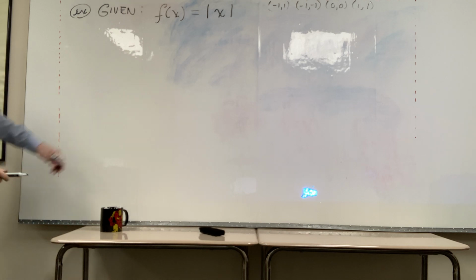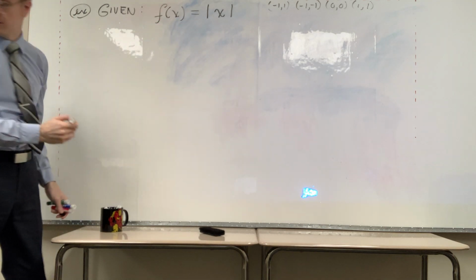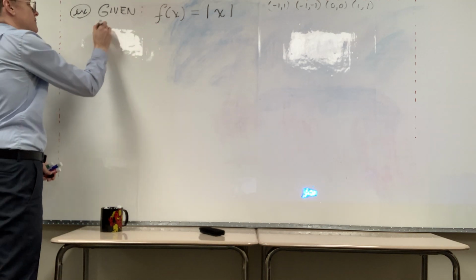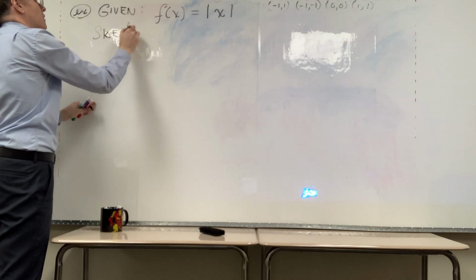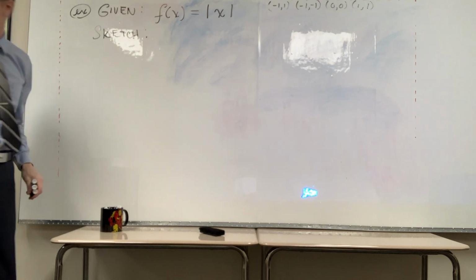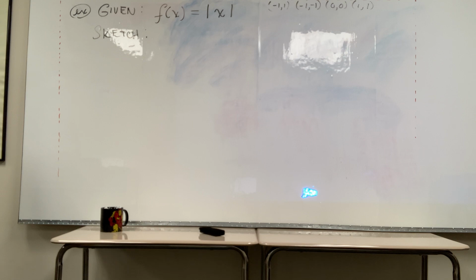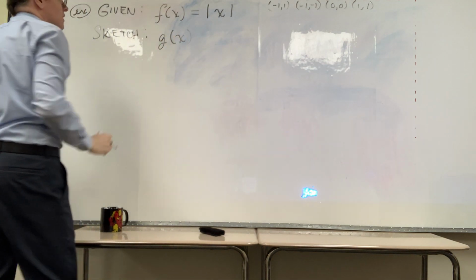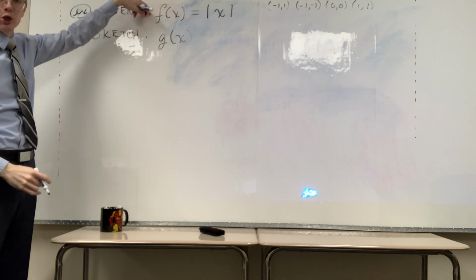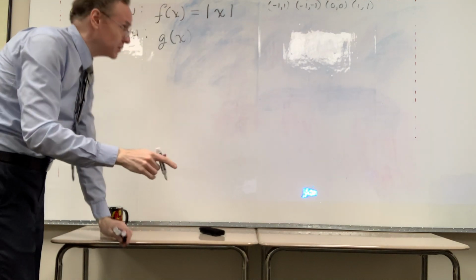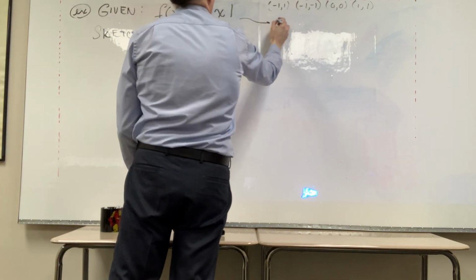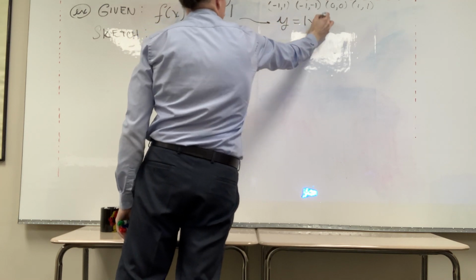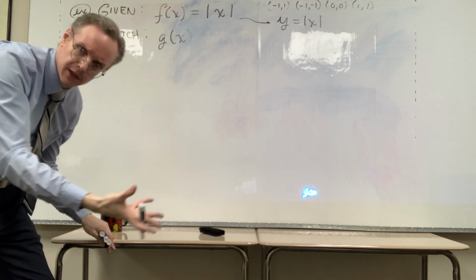When you're tasked with sketching a transformation, they might write it in a goofy sort of way. If they write it in function notation, remember, you could always change it to simply y equals the thing, maybe just for the level of comfort that comes with that.